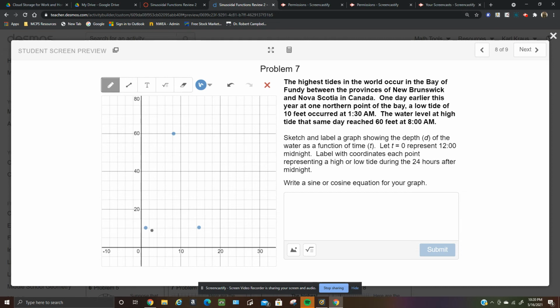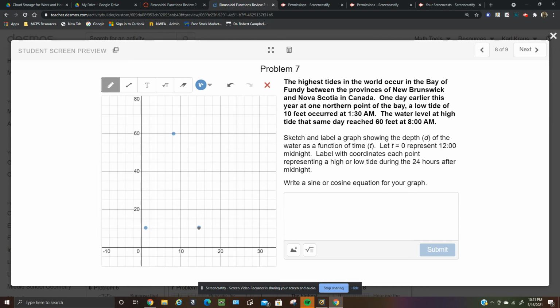So every 13 hours then, every 13 hours would be one period of the wave cycle. So we'd be right here at 14.5.